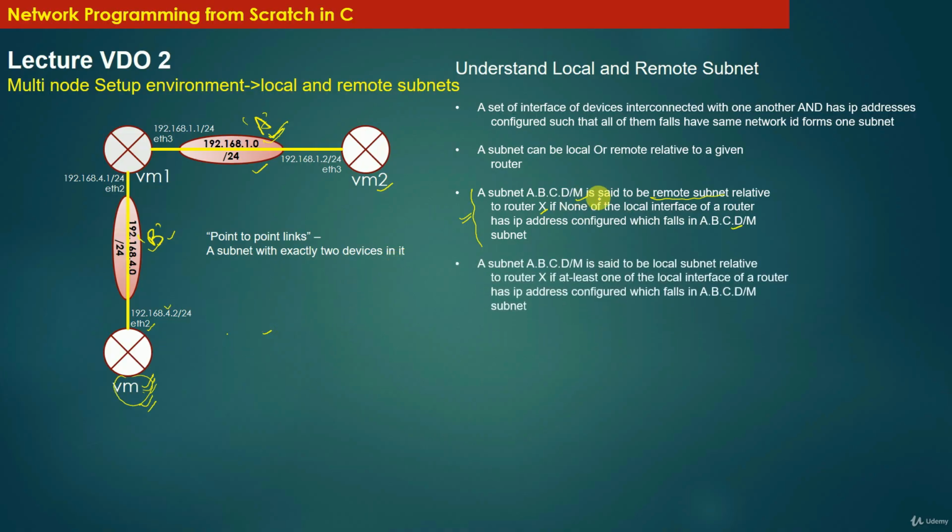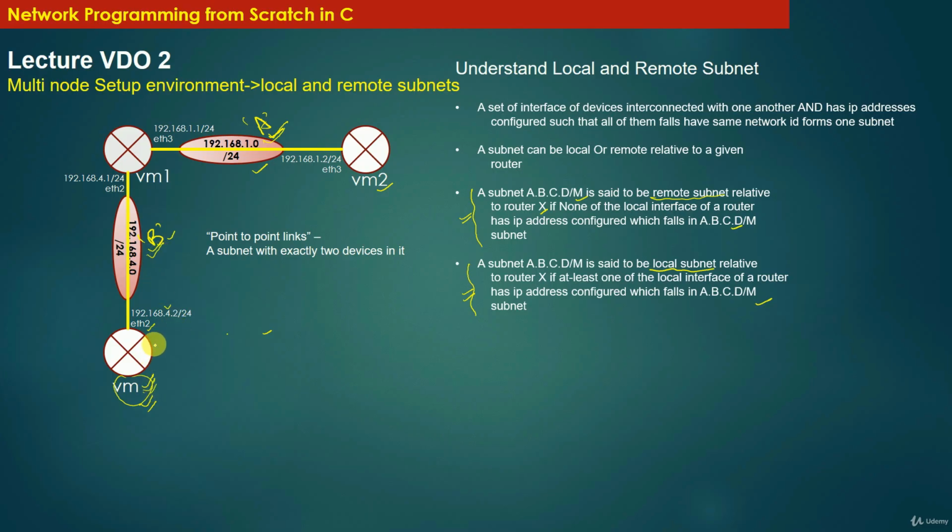Now let us try to understand the definition of local subnet. A subnet a.b.c.d/m is said to be a local subnet relative to router X if at least one of the local interfaces of router X has an IP address configured which falls in the a.b.c.d/m subnet. That is very easy. So the router VM has a local subnet B. Why?